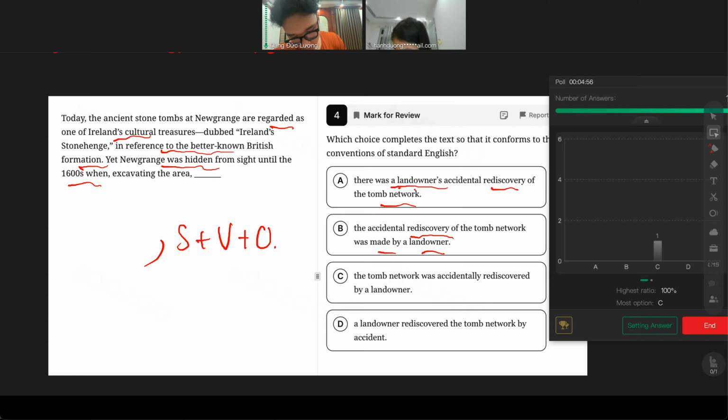And the dependent clause could be an initial modifier.